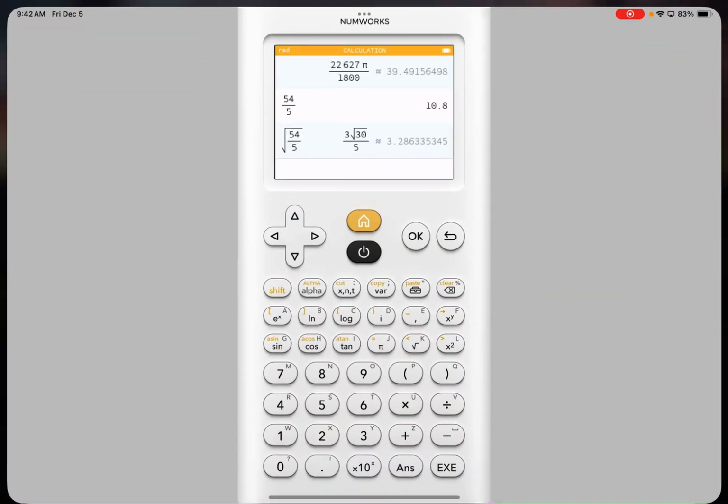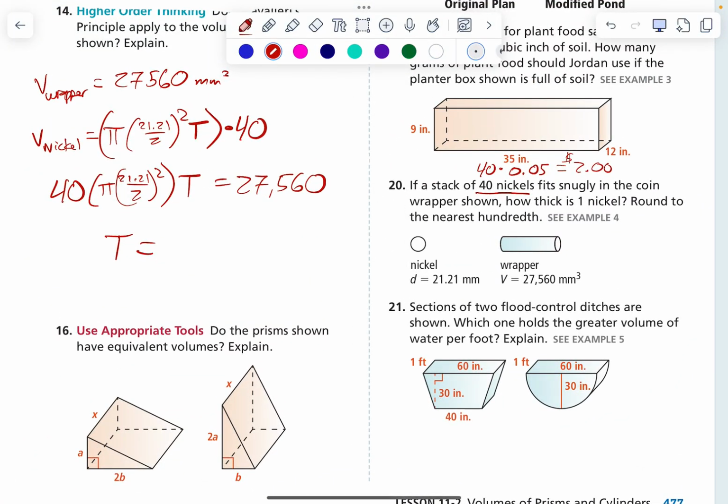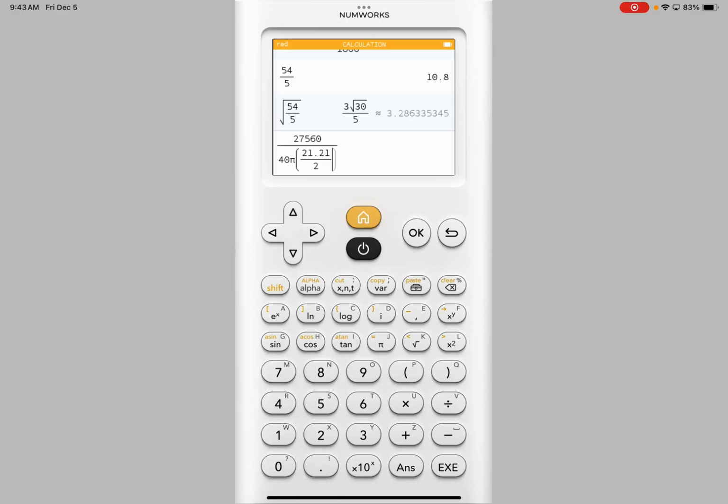So 27,560 divided by 40 pi times 21 divided by 2, whole thing squared. Okay, that looks good. And then there's your 1.95.